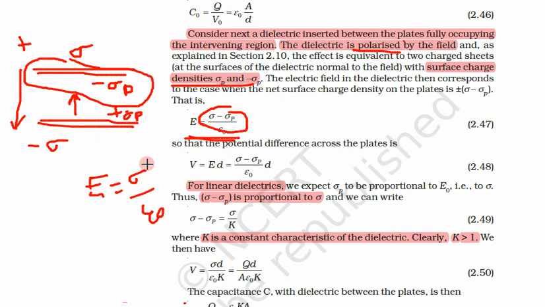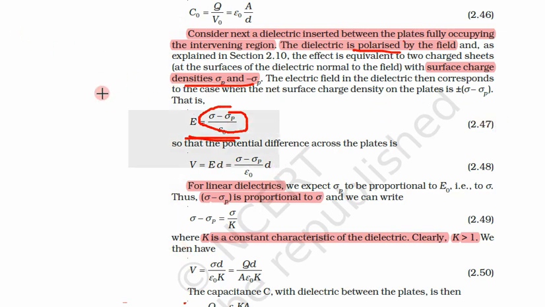For the negative plate you can calculate again, it would be a little bit difficult, but you can calculate it as well. So this is sigma minus sigma p upon epsilon naught. Now V is equal to E into d, so now V is sigma minus sigma p upon epsilon naught into d.